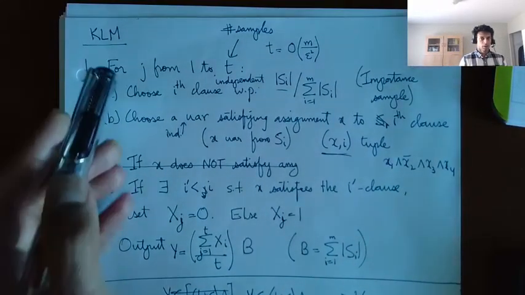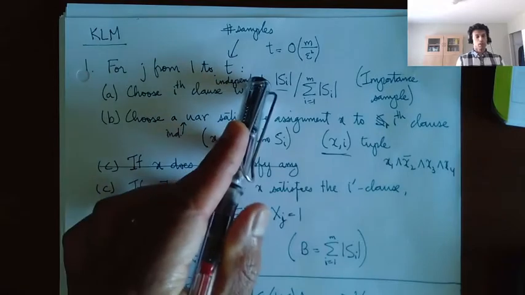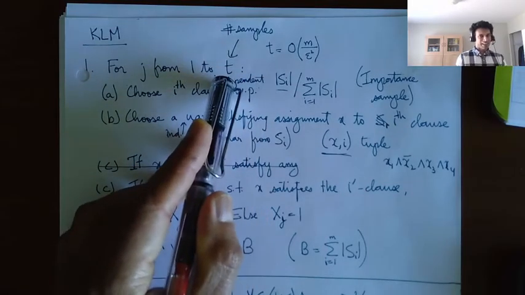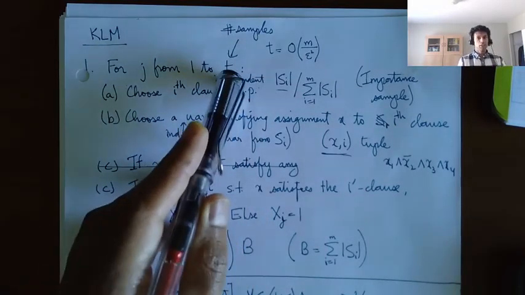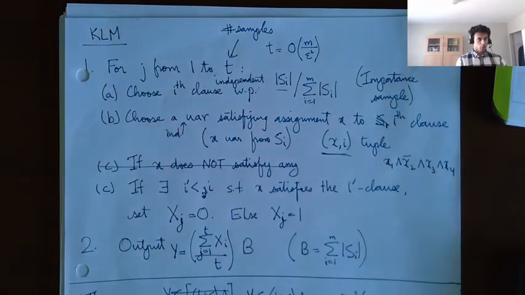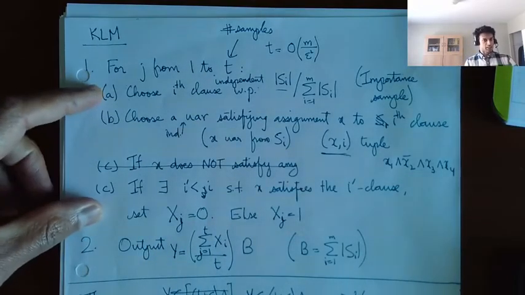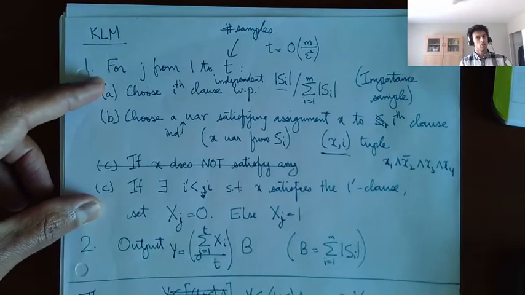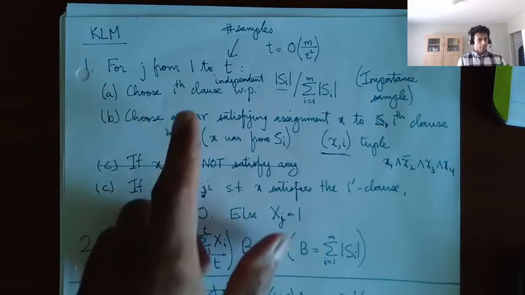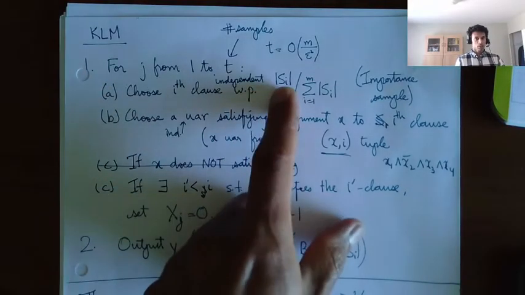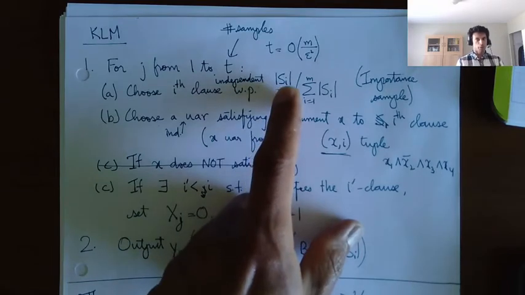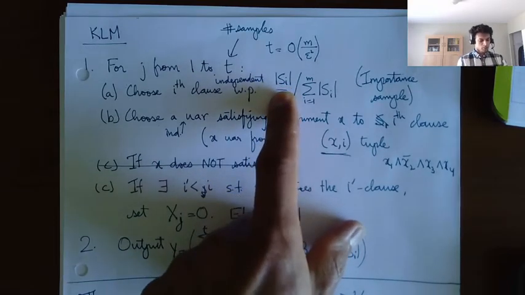Karp-Luby chooses some number of samples, and that's T. Let me refer to these as trials. So in each trial, what happens? We pick a clause i with probability proportional to the number of satisfying assignments.